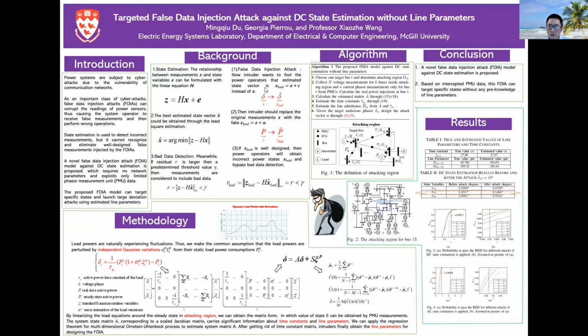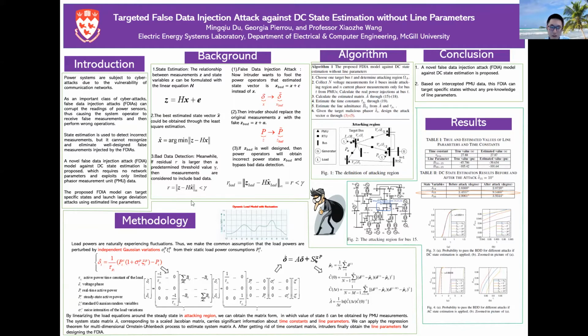So for this paper, if we want to fool the power operators so the estimated state vector is X bar instead of X, then we need to replace the original measurement Z with the Z bar here. So the question here is how could we design the Z bar?